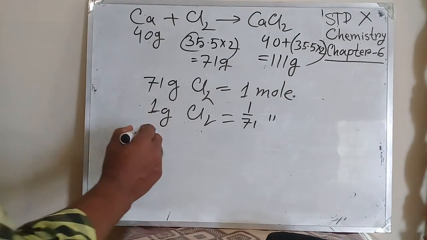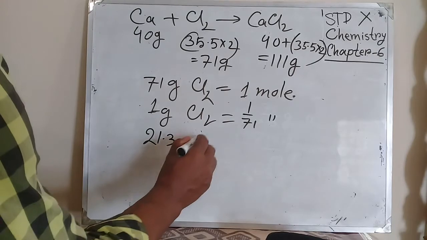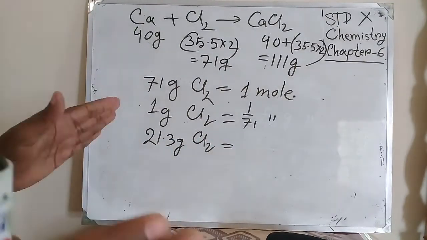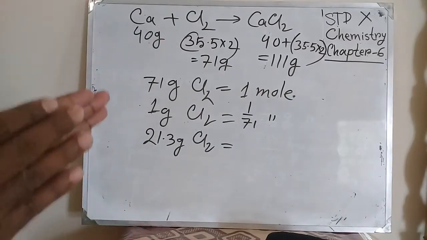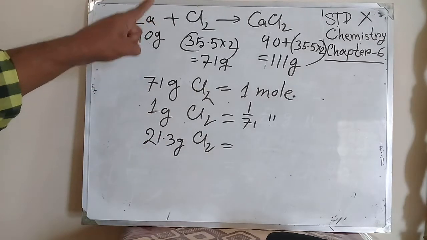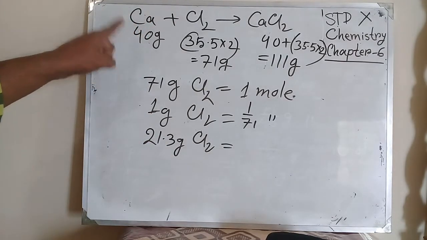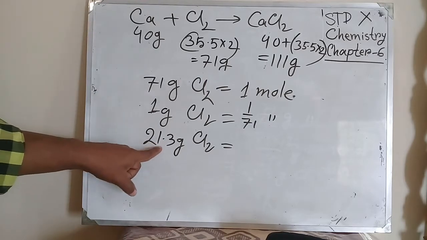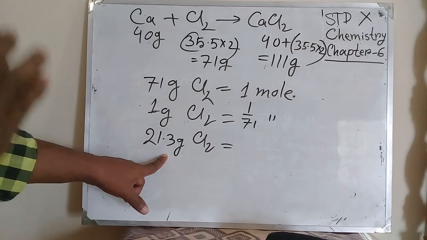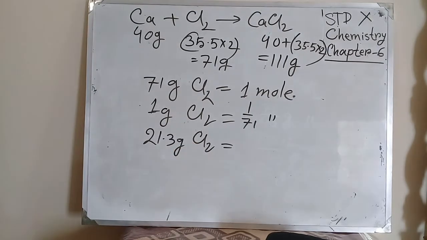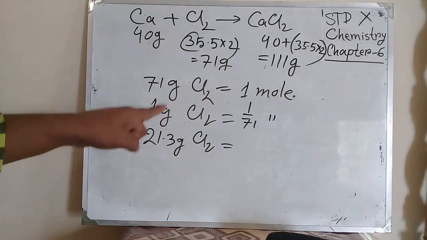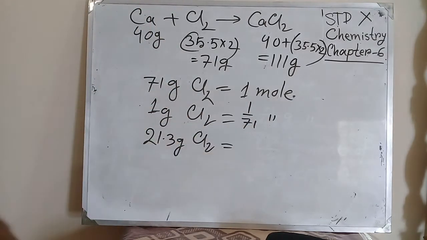Only 21.3 gram chlorine. We have taken 25 gram, but the total 25 gram chlorine is not used up in the reaction. Only 21.3 gram, because the amount of calcium is only 12 gram. 12 gram reacts with 21.3 gram. So we will find out the mole number using 21.3 gram chlorine.